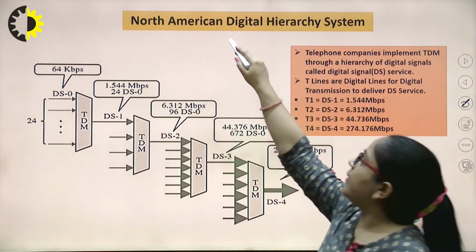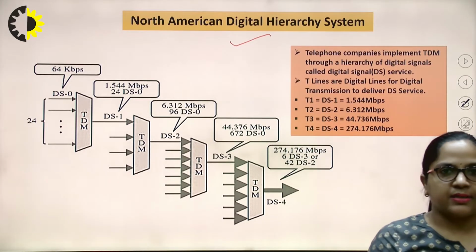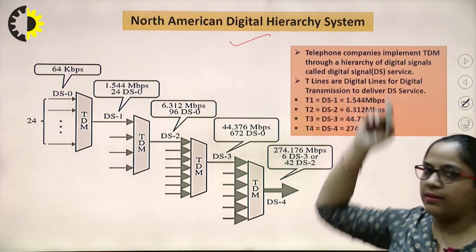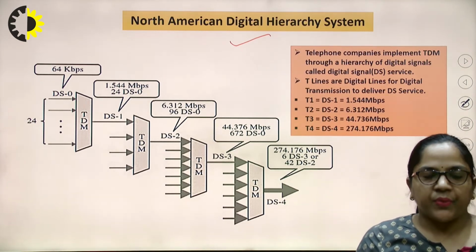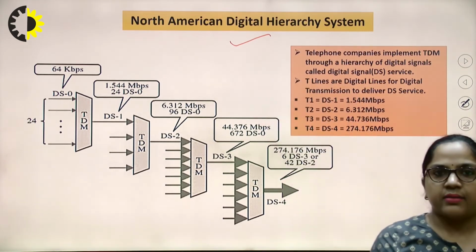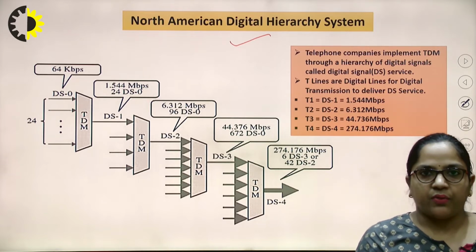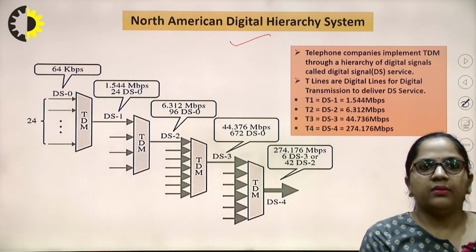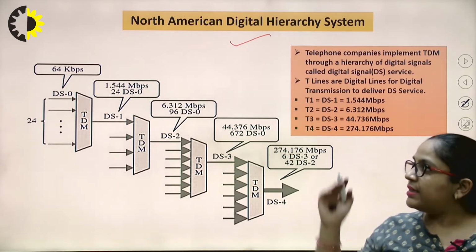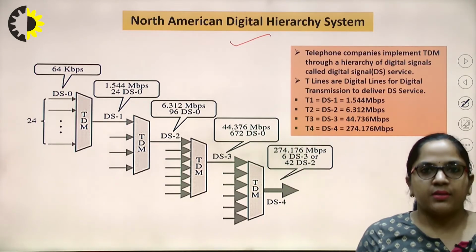The North American Digital Hierarchy System. In the T1 Digital Carrier System, we are discussing the North American Digital Hierarchy System. What is this hierarchy system? It is a kind of service provided by the service provider, so it is a name given to that particular service.